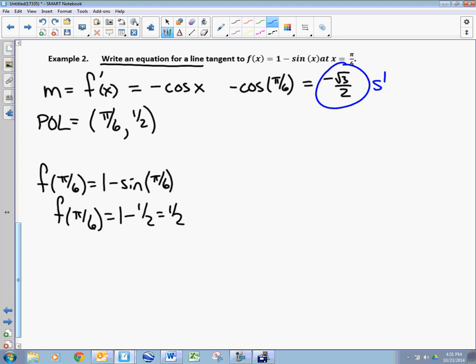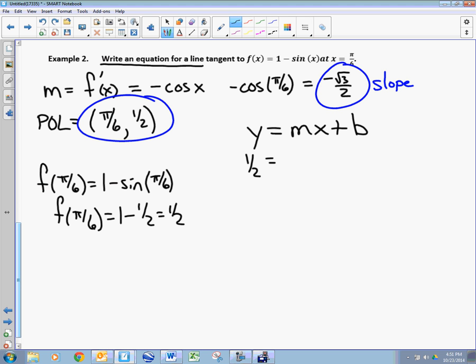This is my slope. That's my point on my line. Y equals mx plus b. Y is 1/2. Slope is negative root of 3 divided by 2.